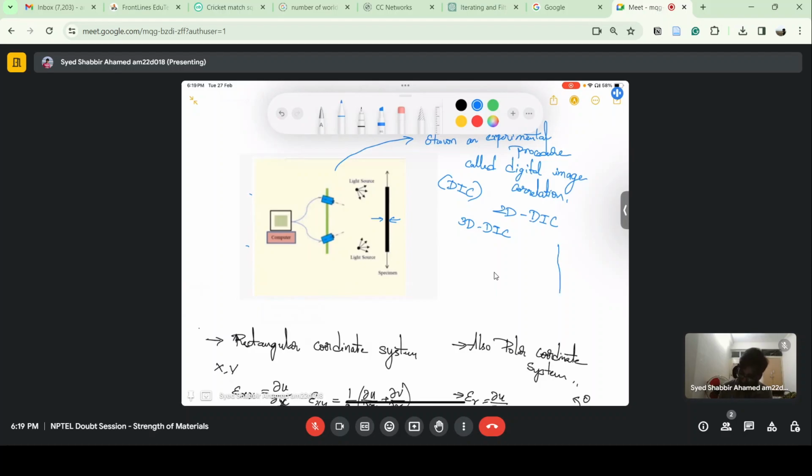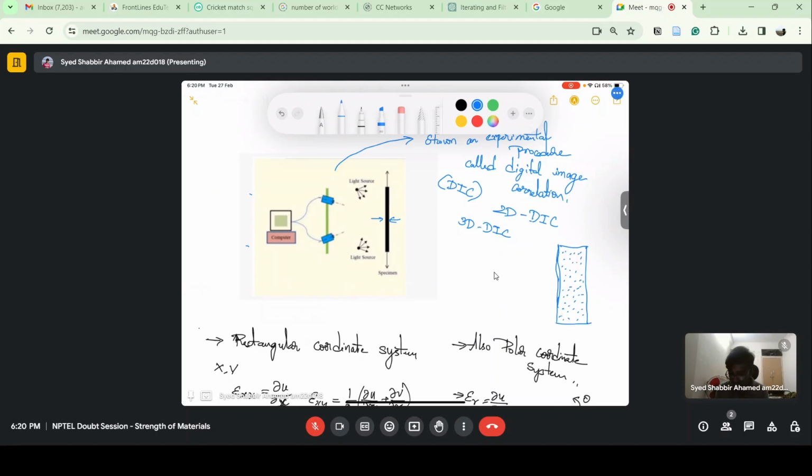So the specimen we take in this experiment, we paint with a white background, and there are speckles like this, black dots. The specimen is painted like this, and then the load is applied on the specimen.